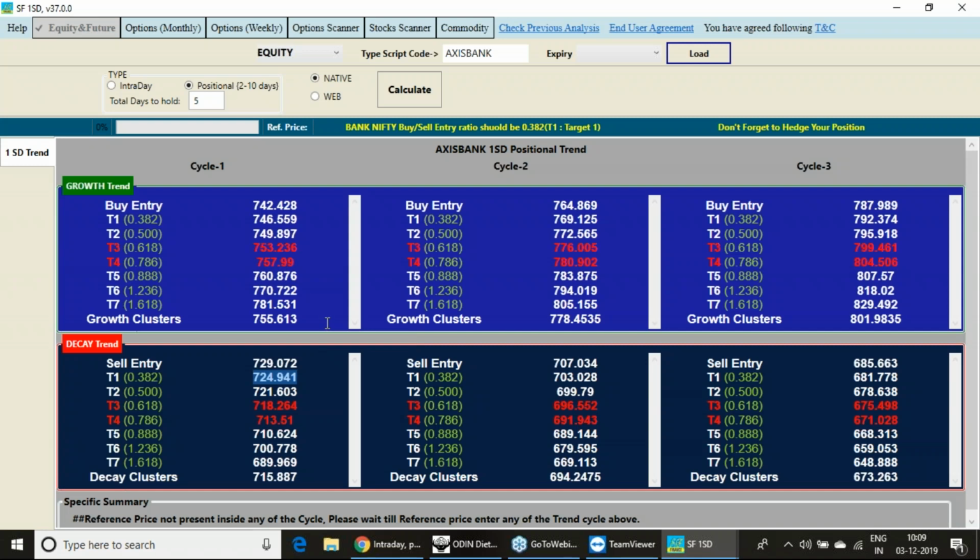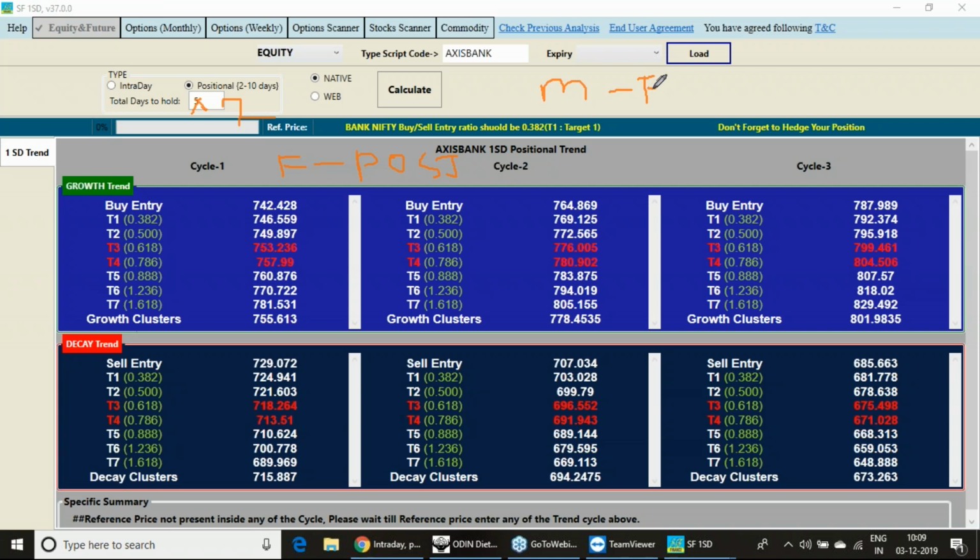Very important part: weekly trends, if you want to generate. Again, repeat, weekly trends you generate today will be valid for the entire week. All weekly trends you must generate on Friday post market hour. Use the number of days as 7, not 5. It will be valid from the next Monday to Friday.